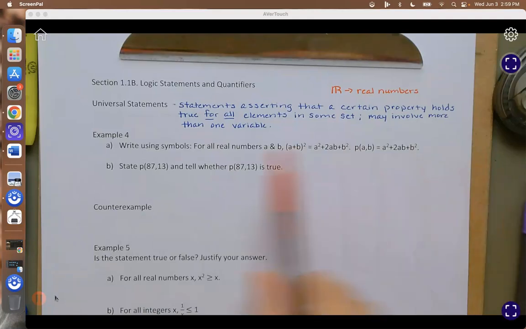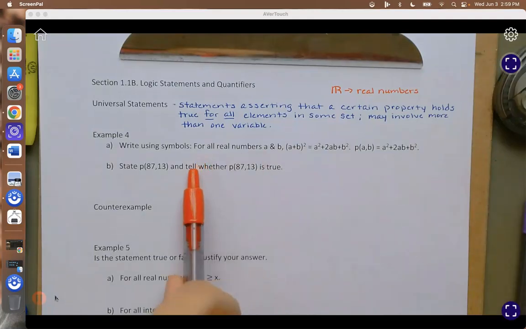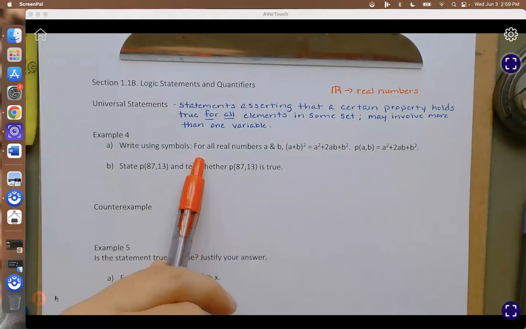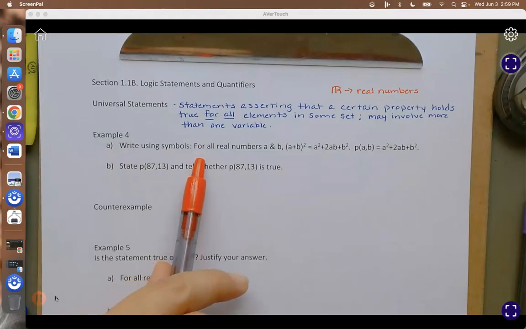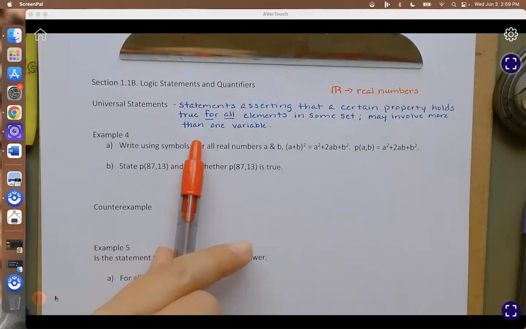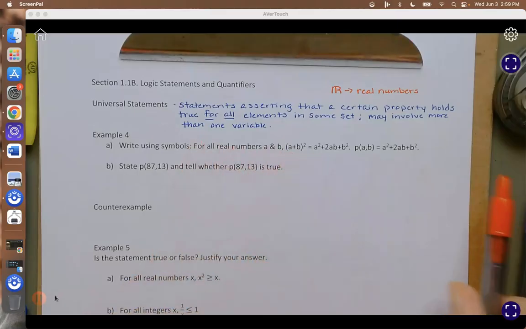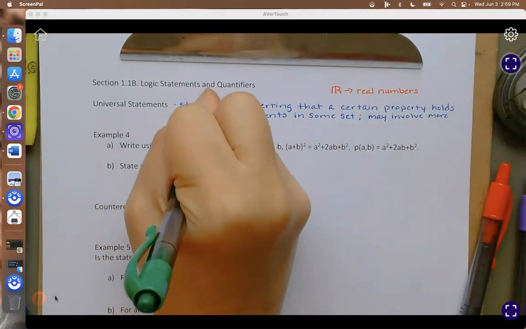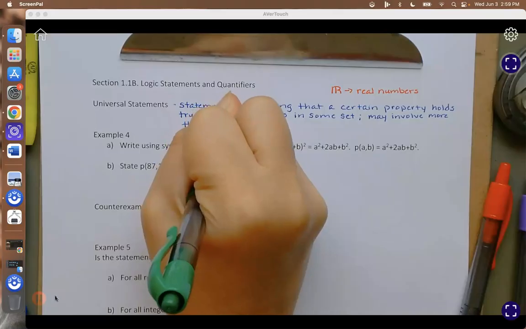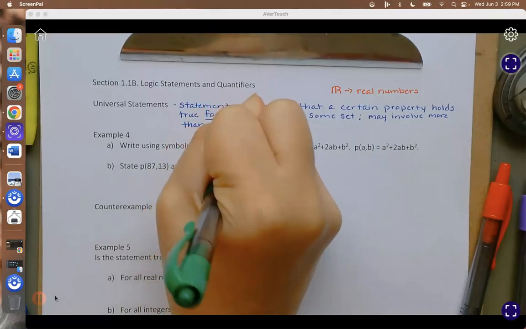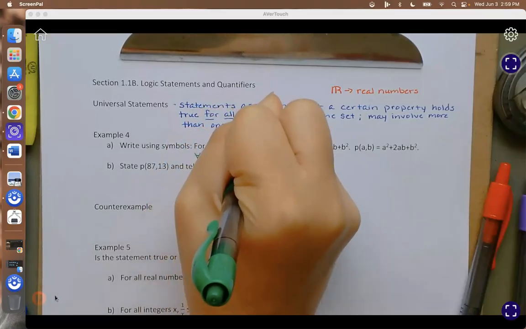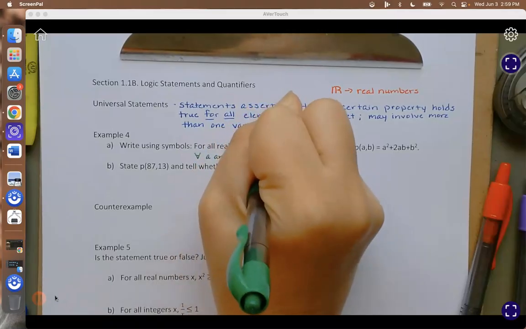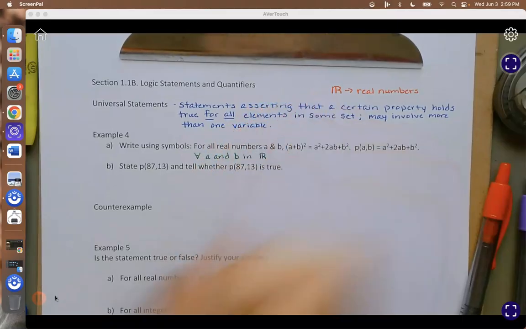All right, so hopefully you remember for all, okay? For all is the upside down A. For all real numbers, A and B. So when we go to write this, we can do for all A and B in real numbers.